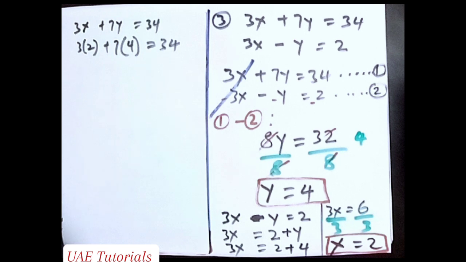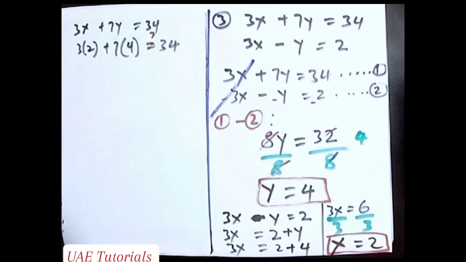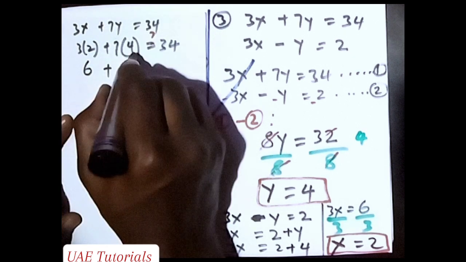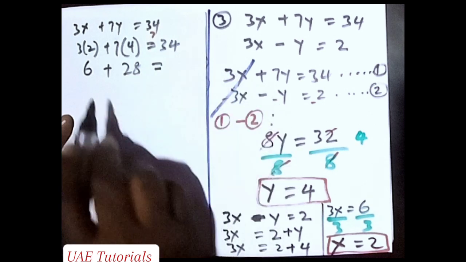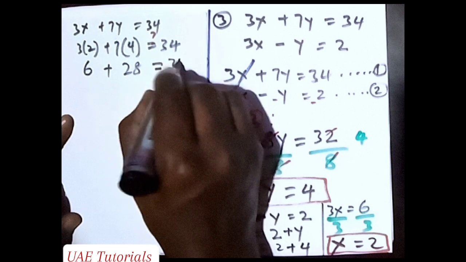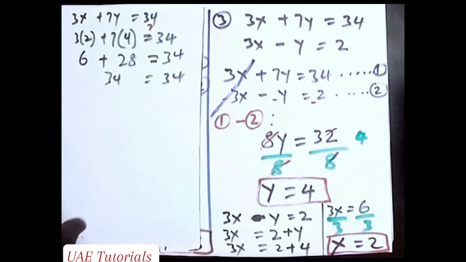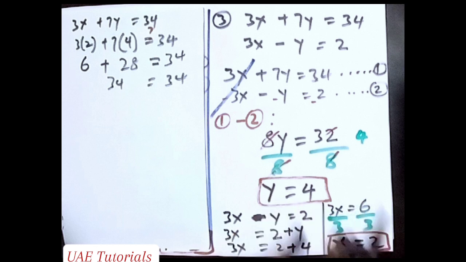It's a question we're asking ourselves. So that's why I put a question mark there. All right, so 3 times 2 is 6. 7 times 4 is 28. And what is 6 plus 28? Hooray, that's 34. So 34 equals 34. These two values satisfy this first equation because 34 equals 34.